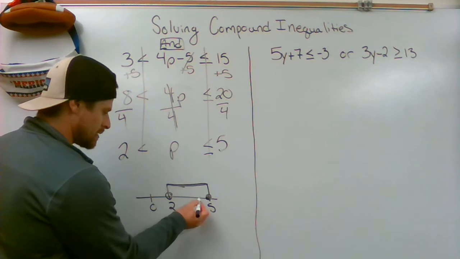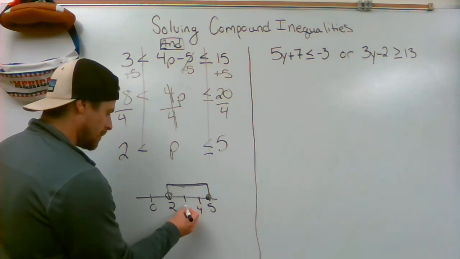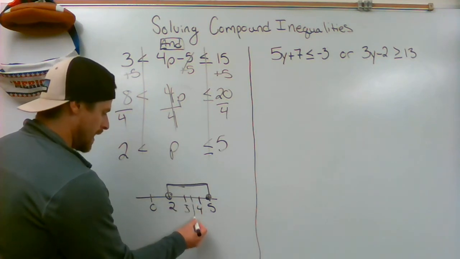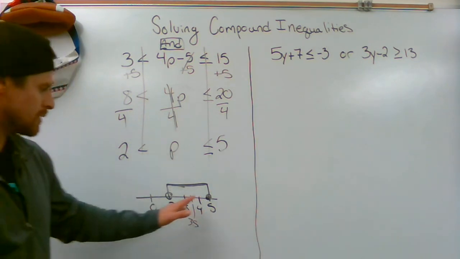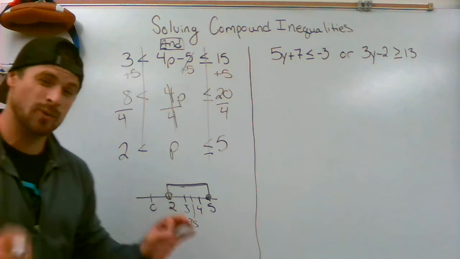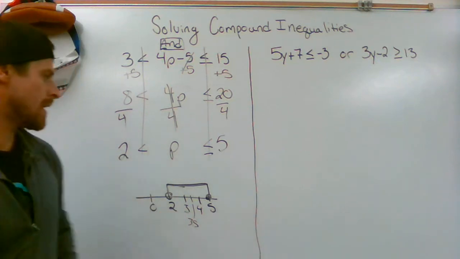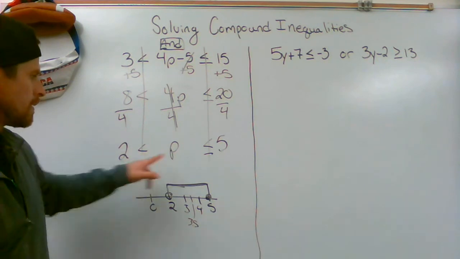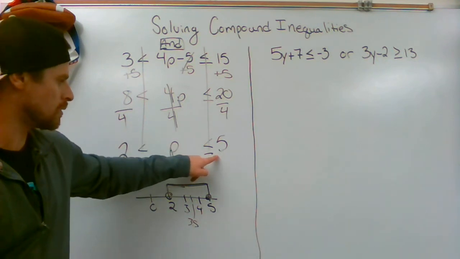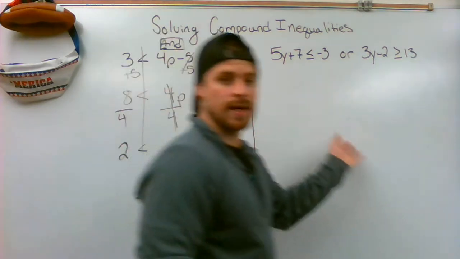Again, possible answers: 4 would work, 3 would work, 3.5, 2.1, anything in between 5 and 2, but I can't quite use 2. All right, open circle, closed circle.